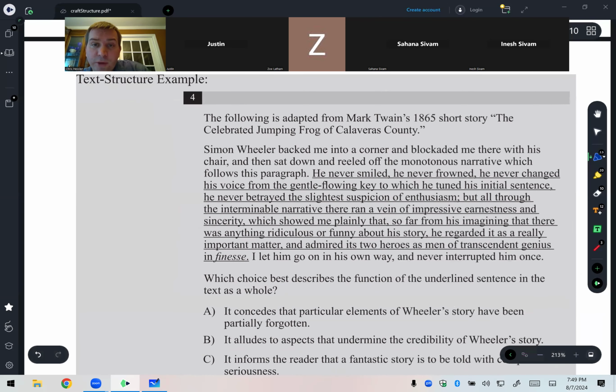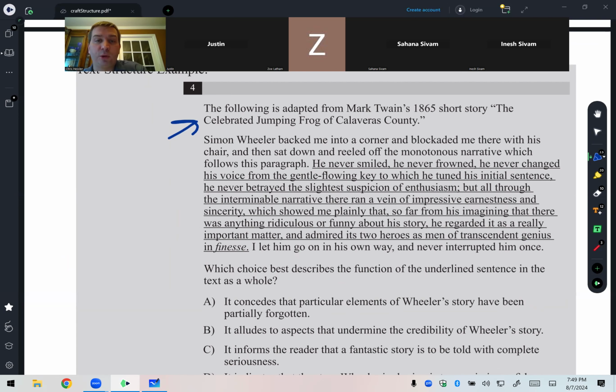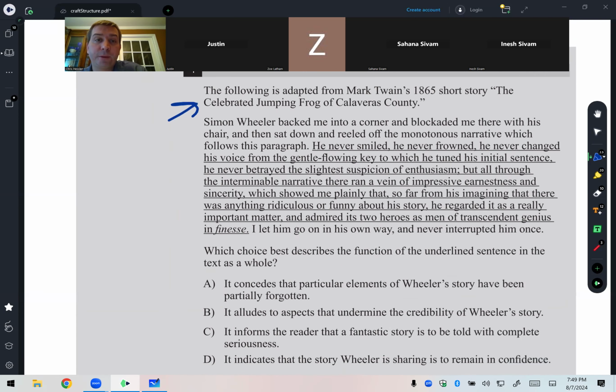Here we have an underlined portion, and just always read what our document came from. In this case, it's from a short story. This is from a Mark Twain story, The Celebrated Jumping Frog of Calaveras County. So try this one without looking at the answer. I'm going to read it aloud as you do it.